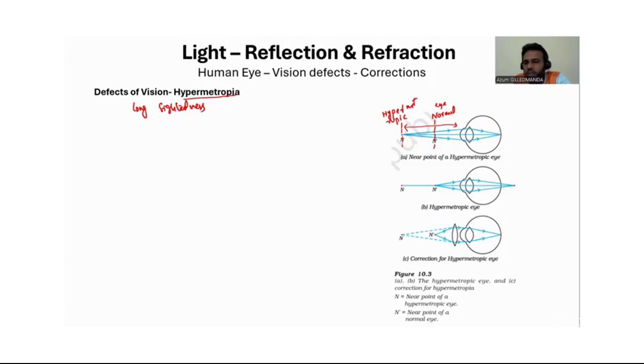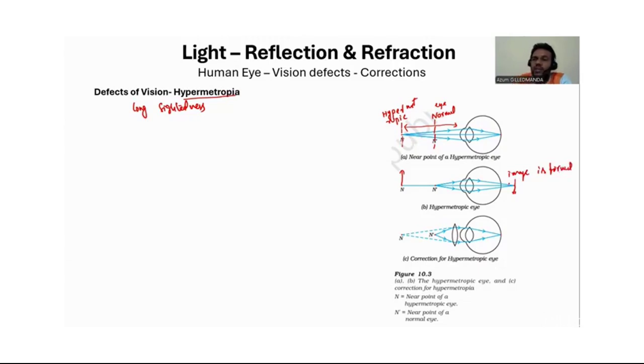So why can't we see? Let's say our object is here. The light rays are falling onto this lens, and then the image is forming. This is the image, the inverted image. So the image is formed behind the retina.